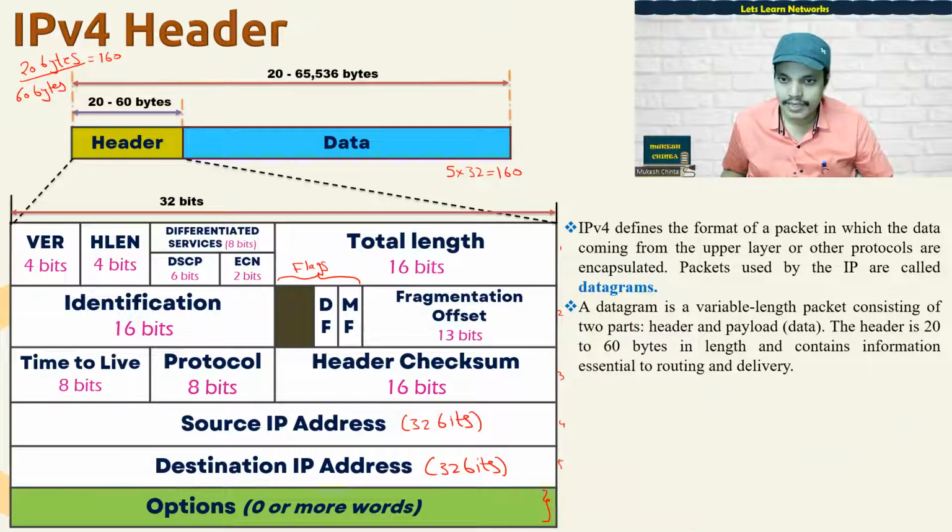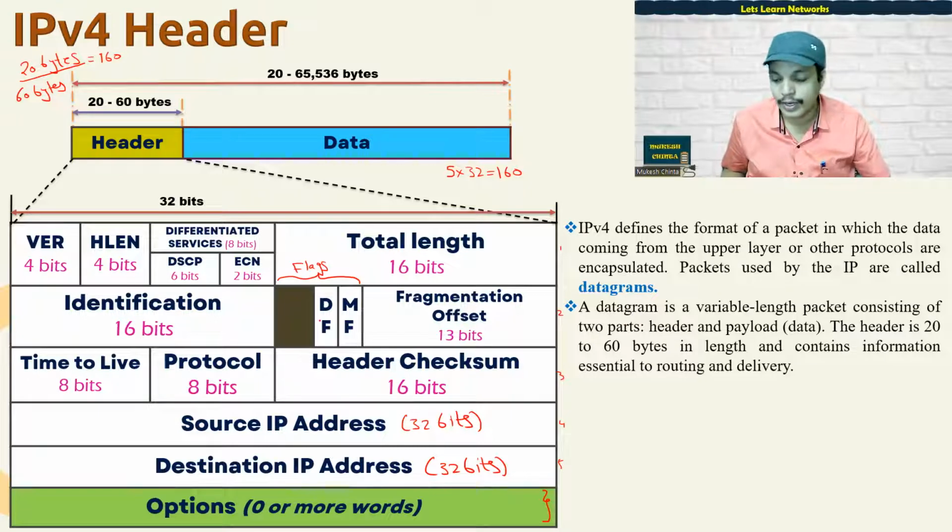A datagram is a variable length packet consisting of two parts: the header part and your payload or data. The header is anything between 20 to 60 bytes in length and contains information essential to routing and delivery. All this is the essential information required by routers to analyze the packet and decide how it should be routed towards the destination.